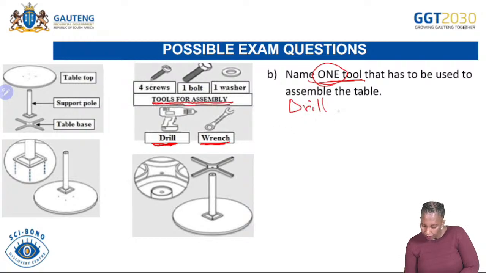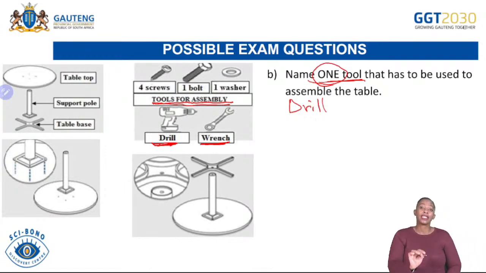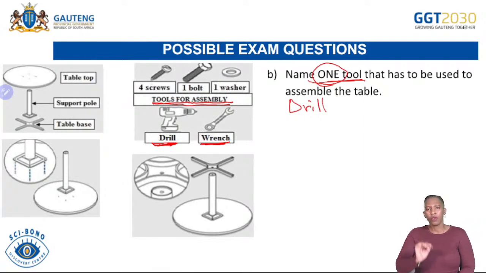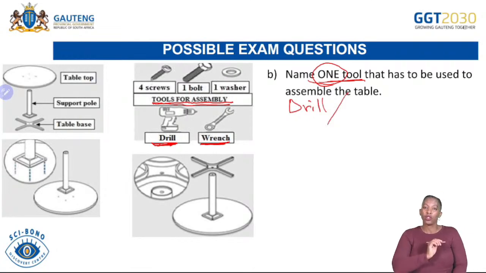It's a drill. Or remember now, in an exam, you don't write an "or", because when we mark your question, if you give me an option of "or", that means you say, I must choose for you the correct answer. And sometimes you find that the first answer is incorrect and then the second answer is correct. But now if you say "or", that means you are saying, I must choose for you the correct answer.